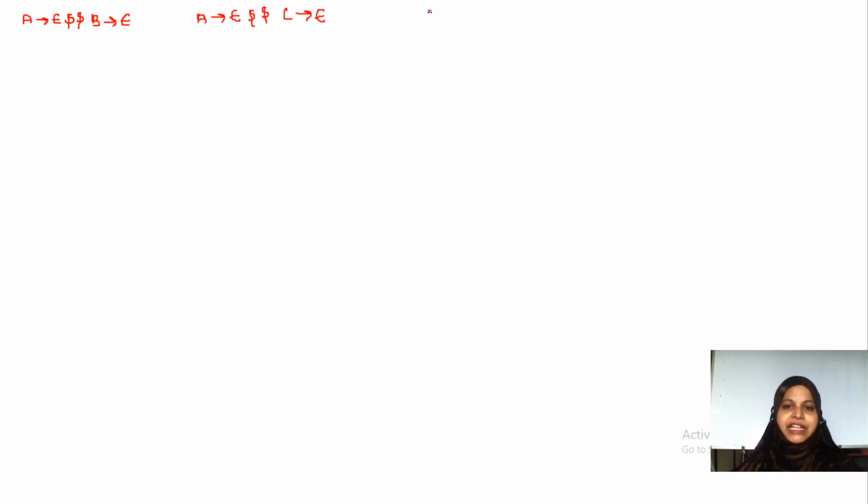Next is B tends to epsilon and C tends to epsilon, right? Here in this case, every time we have to check the combinations also. My next combination is A tends to epsilon and B tends to epsilon and C tends to epsilon. These are all my combinations. So I have to substitute all those things, right?